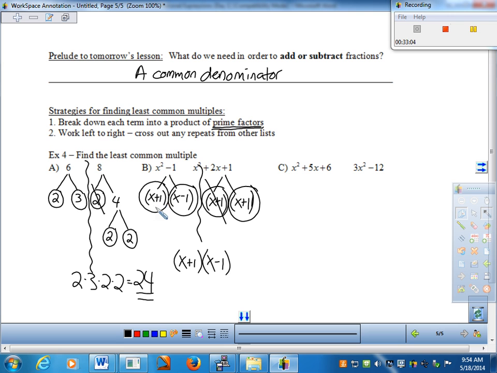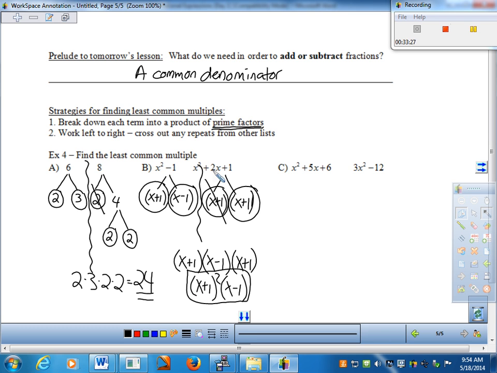This one was identical to this, but this is another x plus 1 that I do need, so I keep it. And just in terms of the way this is written, x plus 1 times x plus 1 is x plus 1 squared. So as a result, again, hoping you kind of see this sort of bear out from this when we do it concrete to abstract, that would be the least common multiple of these 2 expressions.